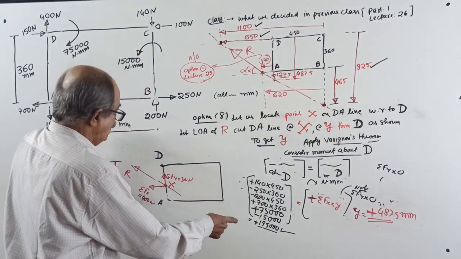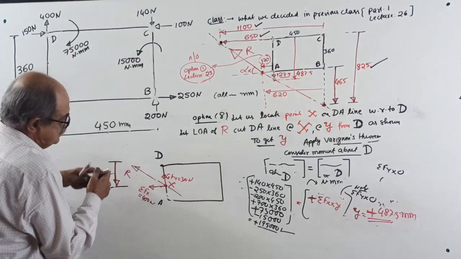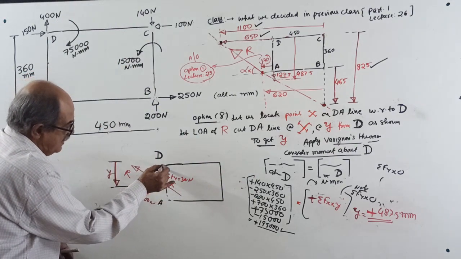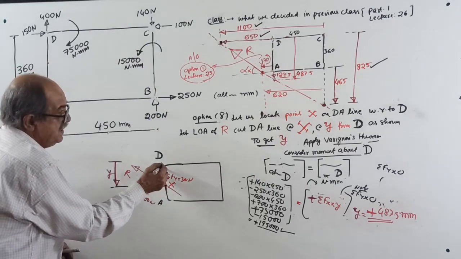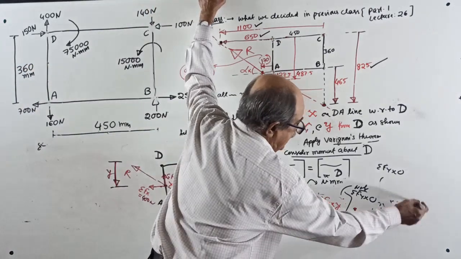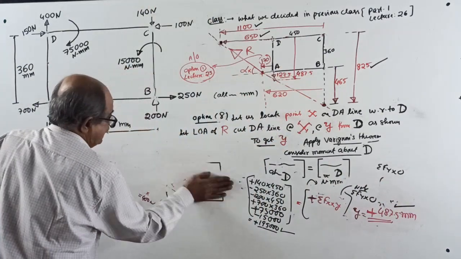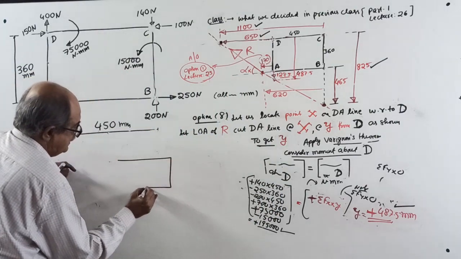Okay, over. Now, lastly, make a note. We took the point X along the DA line vertically below D by Y, and Y came positive, correct. Therefore, it is correct; it really is below. So finally, the resultant is what?